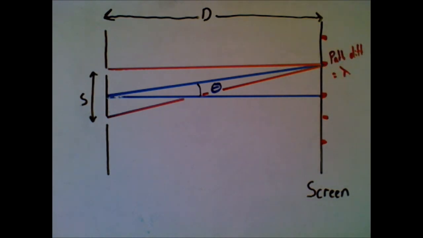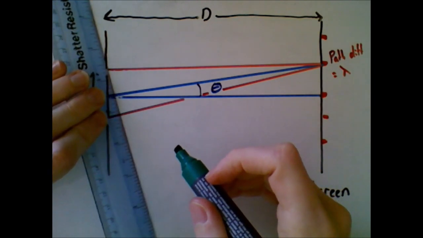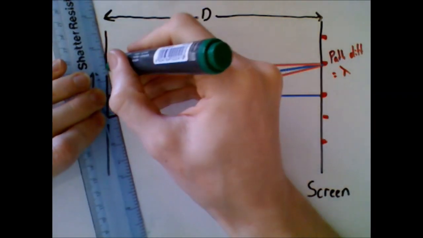Now, looking at our diagram, let's think of how we could actually draw the path difference. If I imagine drawing a line down from this top slit, I'm making a little right angle triangle here.